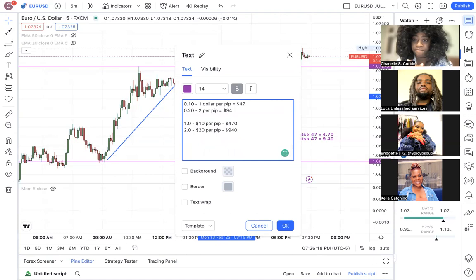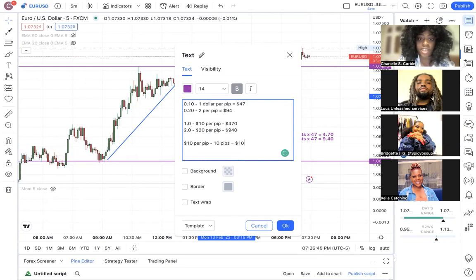Because let's just say your daily goal for the week is $100, right? If you have the capital, and you're using $10 per pip, you only really need 10 pips to make $100, right?